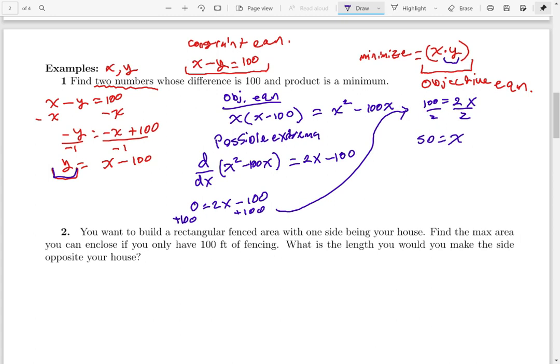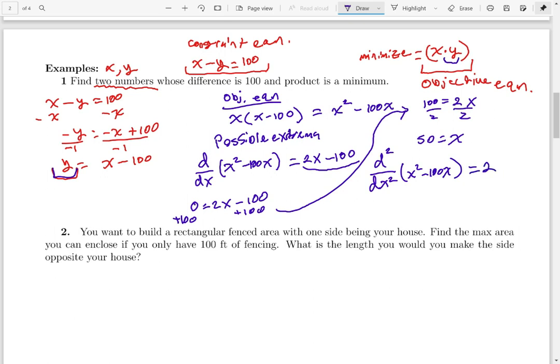At this point, remember that you have two choices. Either take the second derivative and consider f double prime of this value 50, or cut up the number line. But honestly, I recognize that this is an easy second derivative. So if I take the second derivative, d2/dx2 of x squared minus 100x, well, I'm just taking the derivative of 2x minus 100, which is just going to be 2.